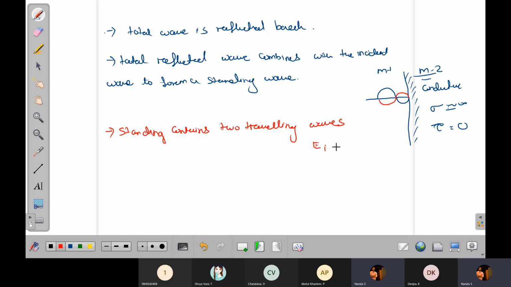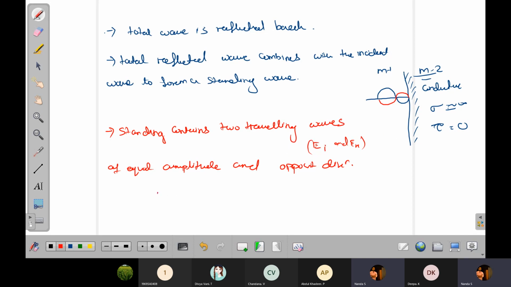One is EI and ER, of equal amplitude and opposite direction. Okay, so in the opposite direction.